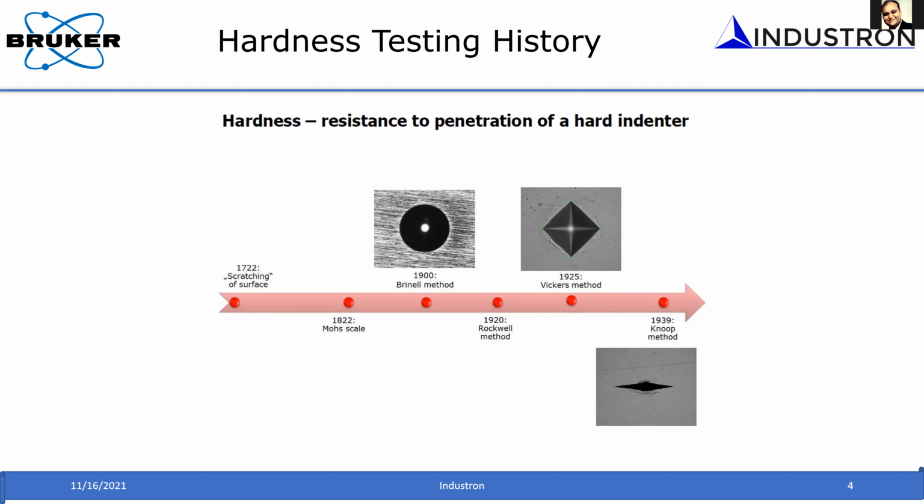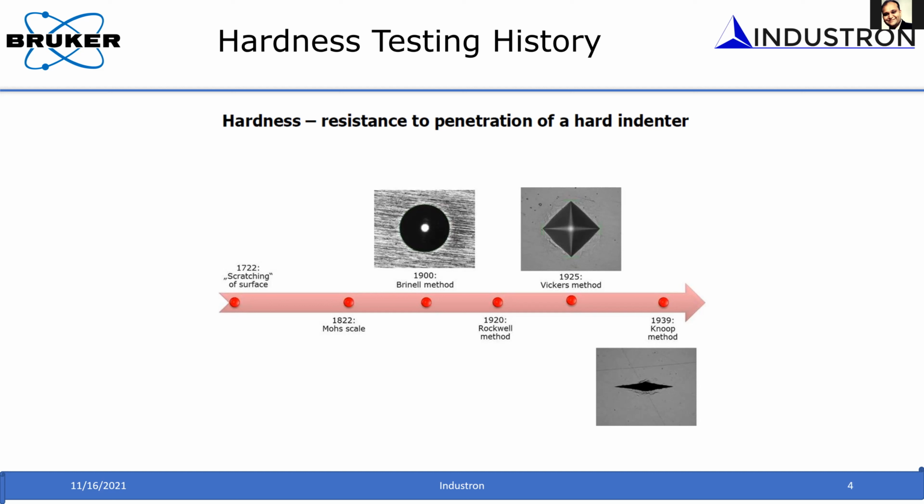If you know the load you apply and the size of this impression, you can figure out the hardness of the material, namely by taking the load divided by the projected area of contact, which gives you a measure of the plastic resistance of the material, or the hardness of the material.